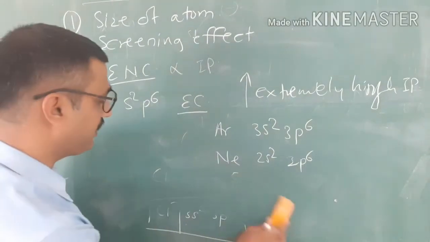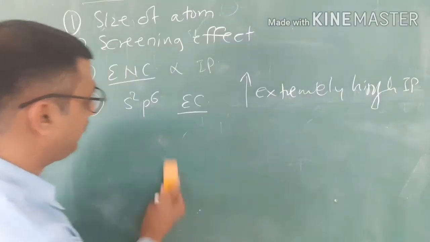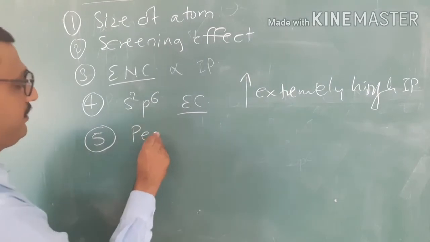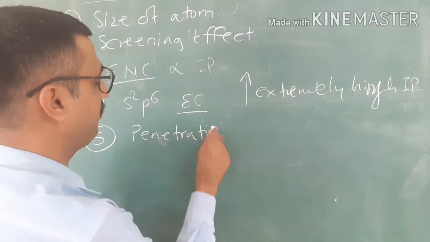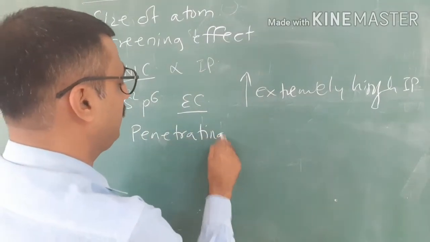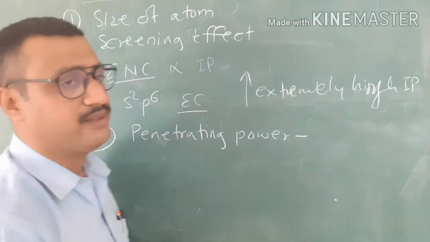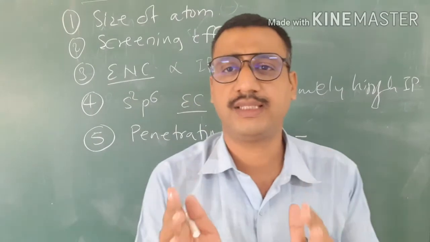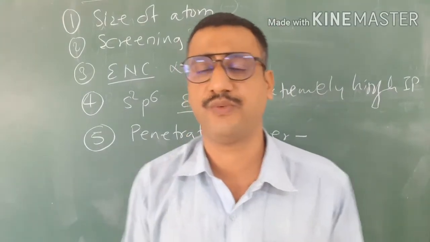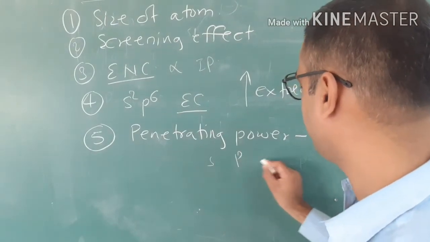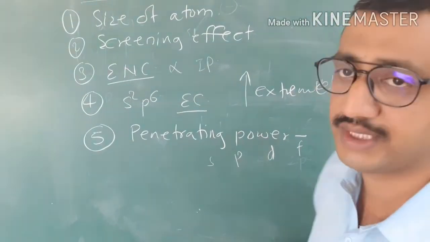Okay. Now students, the next factor is the penetrating power or type of electron. So we know that the shells are made up of subshells. For example, the fourth shell consists of s, p, d and f subshells.